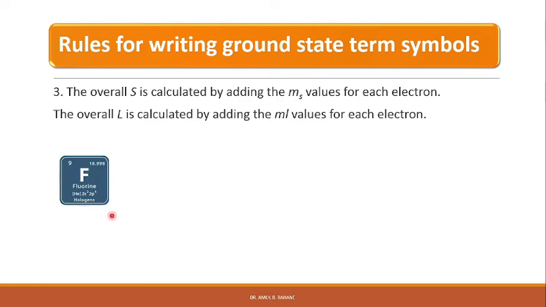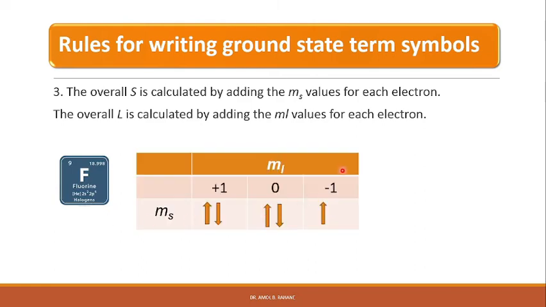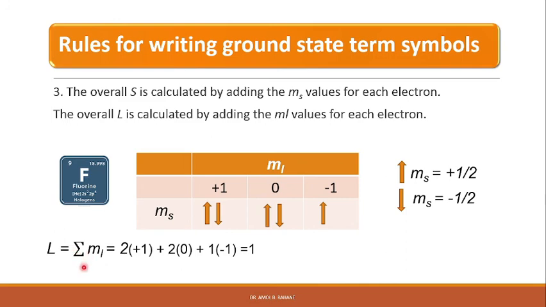So again we consider the example of fluorine. Here we have the 5 p electrons, and we have written them here. For the up electrons we have MS is equal to +half. For down electrons we have MS is equal to -half. So capital L we can write as summation over ML or summation over LZ. We have +1, 0 and -1 values.